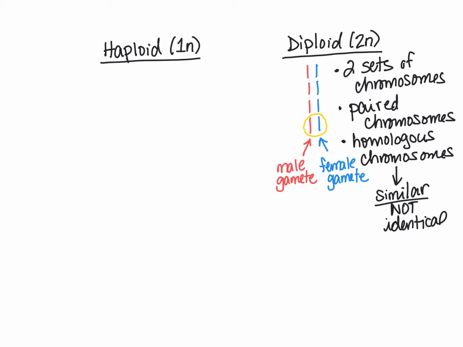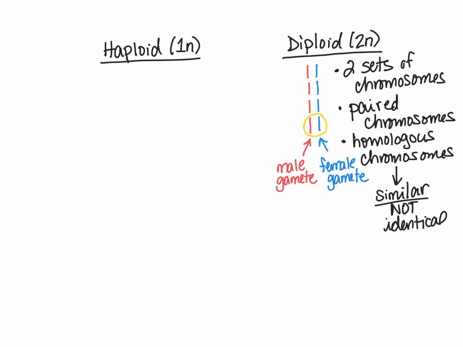When you learned about basic genetics, you probably learned about alleles, which are just two different copies of a gene. And you probably learned about dominant genes versus recessive genes and different combinations, including homozygous dominant, heterozygous, and homozygous recessive. Those are all associated with diploid organisms.